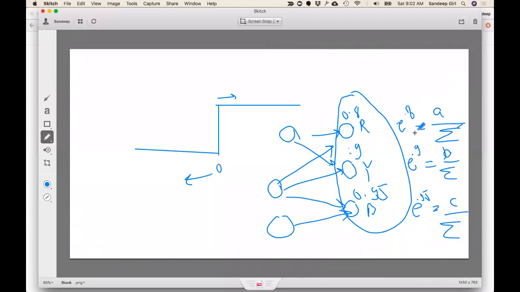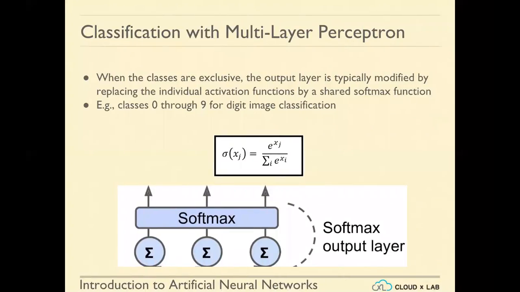Now you can see that if you sum up all three, a, b, and c, where a is e to the power 0.8, b is e to the power 0.9, and c is e to the power 0.95, we translate this into normalized form. All we did was take e to the power of that value and divide by the total. That's what normalization is. That's what softmax is.